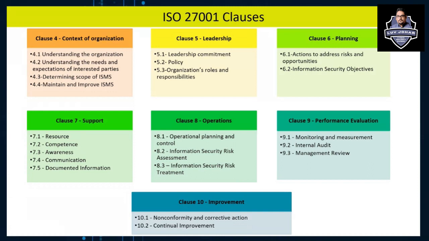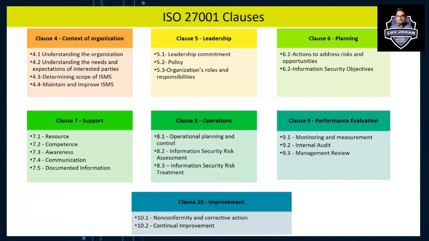For example, if there is one organization which has different offices in different territories of the globe, one office in Australia, one in America, one in England, one in India. In this case, what will be the scope of your ISMS implementation? You have to understand this in determining the scope of ISMS. Maintaining and improving the ISMS is again very important, which is part of clause 4.